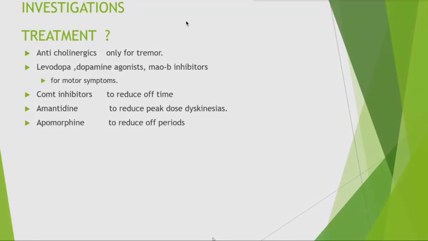So when do you use these COMT inhibitors? To reduce the off time. So side effects of levodopa appear after some time, and they go for what is called the on and off phenomenon. So sometimes they may not be able to walk, sometimes able to walk. Just like you put a switch on and off, the patient may stop in between. To reduce that, you may add COMT inhibitors.